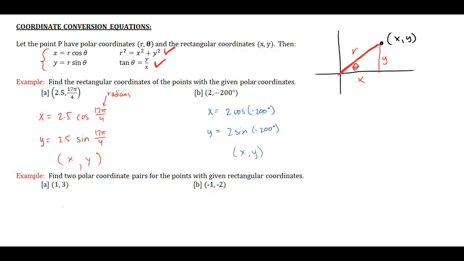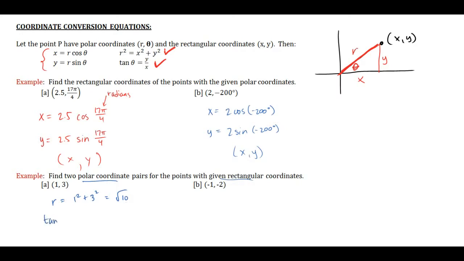And then going the other way, if you are given the rectangular coordinates and want to find the polar coordinates, you've got those other two formulas, right? If you want to find the r value, you could just do the square root of 1 squared plus 3 squared. If you figure out what that is, 1 plus 9 is root 10.